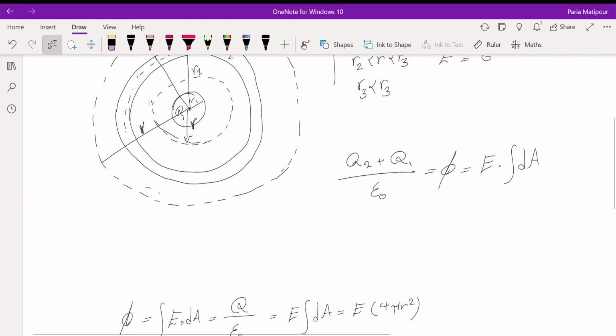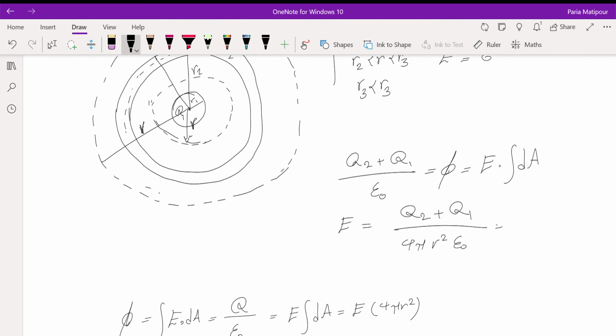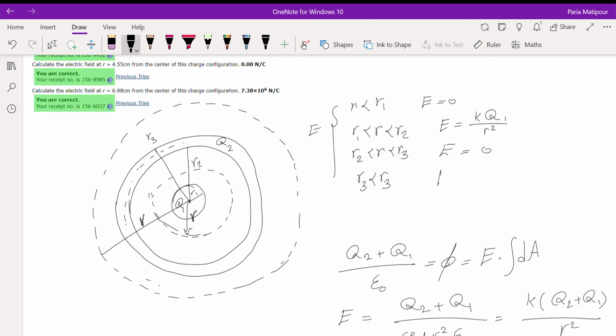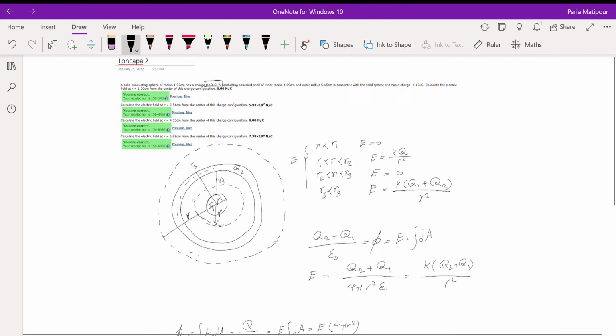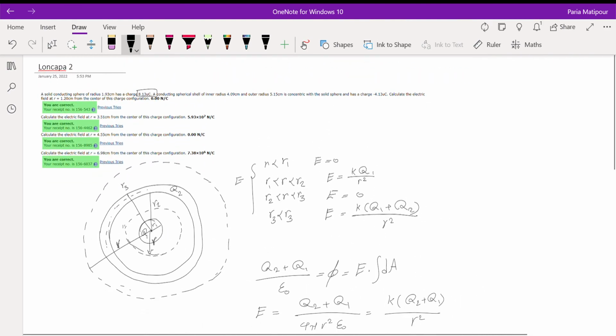So E is going to be Q2 plus Q1 over 4 pi r squared epsilon naught, which is equal to K times Q2 plus Q1 over r squared. Just going to write it here: K times Q1 plus Q2 over r squared. So this is the way that we approach this kind of question.